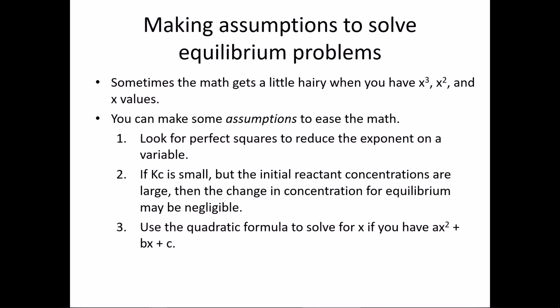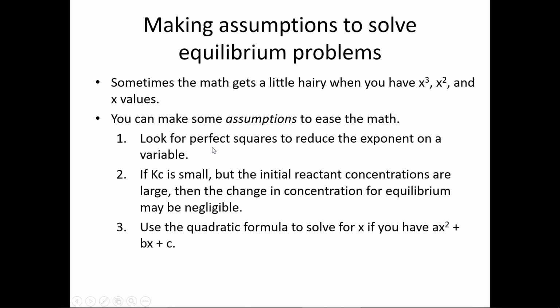Now, from the example, you saw that we ended up with an x squared value. Frequently, this is going to be the case, and it can actually get worse: x to the third or x to the fourth values. So we're going to talk about a couple of assumptions we can make to try to make the math easier. The first assumption we're going to look for is this idea of perfect squares.